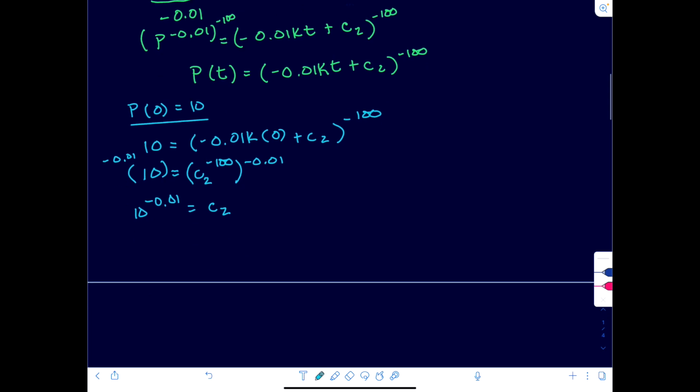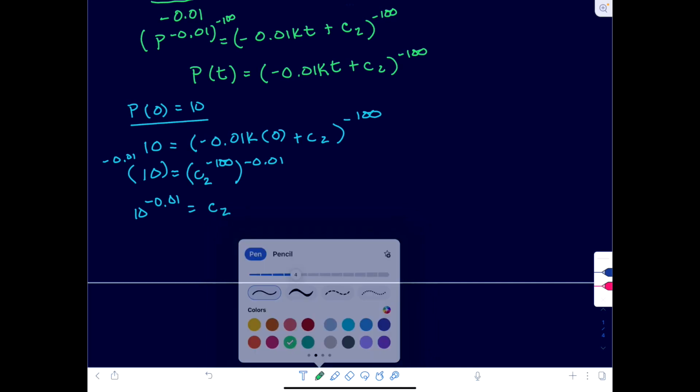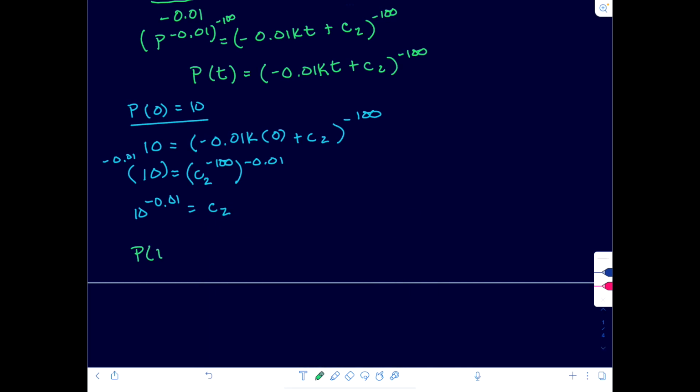So now we will put that back in for P of t with the next little bit of information that we have. So P of t is equal to negative 0.01 times k times t plus 10 to the negative 0.01, all of that raised to the negative 100.